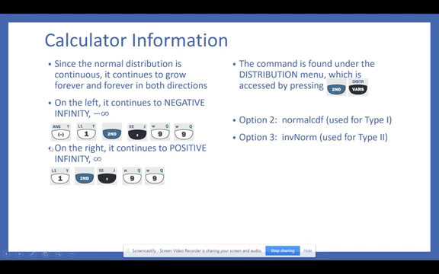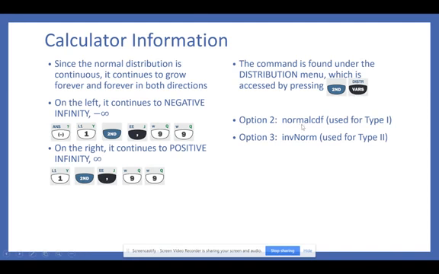To get to the two commands that we need, they're under the distribution menu on your calculator. So you press the blue second button, followed by the vars button. The vars button is next to clear on your calculator face, and above it, in blue, it has DISTR, which is the abbreviation for distribution.